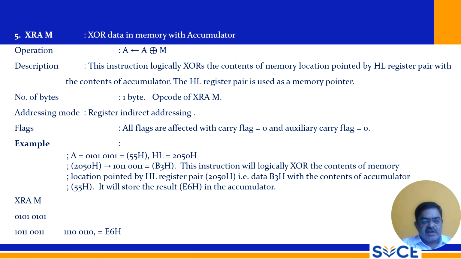Next one is XRA M, similar to XRA R. So it is XOR operation. The contents of memory location that is pointed by HL register pair will be XORed with accumulator contents. Again the result will be stored in accumulator. Carry flag is 0, auxiliary carry flag is also 0. It comes under register indirect addressing mode.